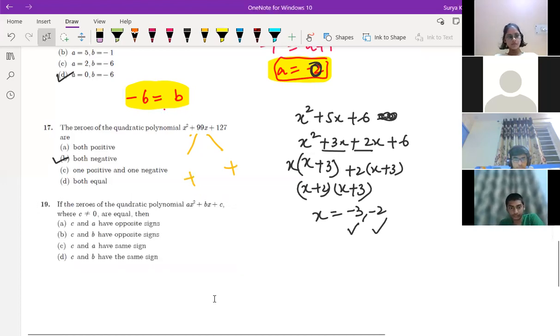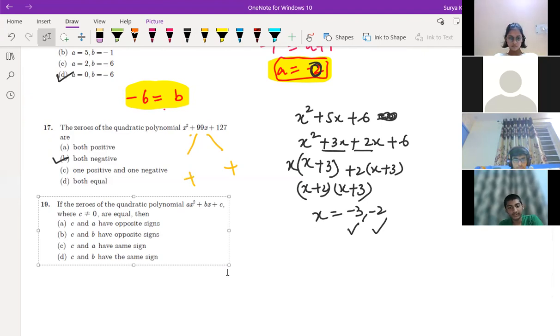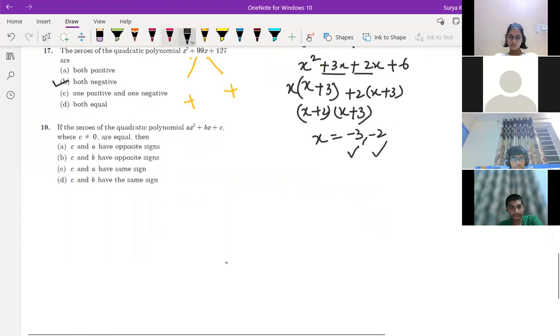See, the zeros of a quadratic polynomial ax square plus bx plus c, when c is not equal to 0, are equal, then c and a have opposite signs. So C and A have the same sign. Equal means what? They should have the same sign only. How can you say, Praharshan? C is positive, and for A, no matter what value you keep, it's going to come positive.